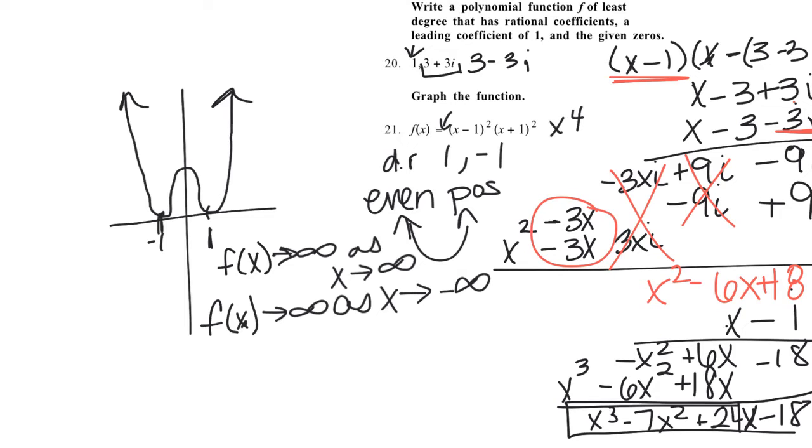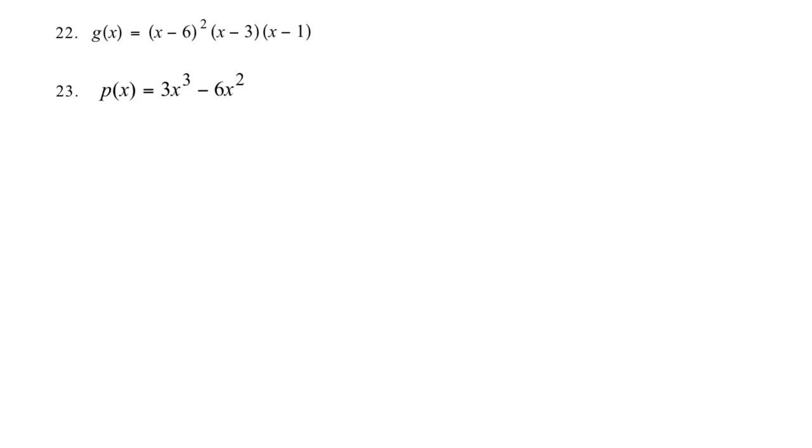Now the next two on the slide are also graph the function. x minus 6 squared, x minus 3 and x minus 1. So we have zeros of 6, 3, and 1, and this is a double root because of the squared. So that's x squared times x times x, that's 4, so x to the 4th is even, and it's positive in front, so even positive again.